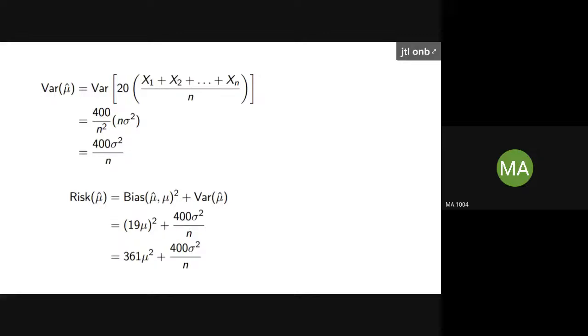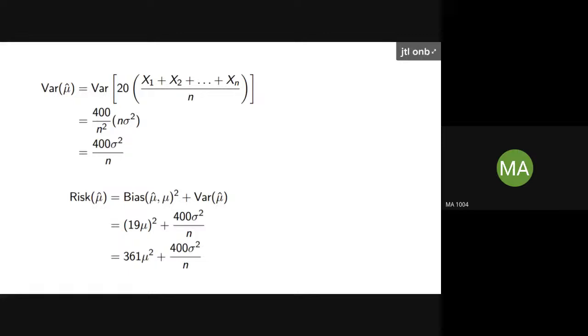Now finally what I have to do? I have to take my bias squared plus variance of this mu hat, which will give me the risk. Therefore the risk will be equal to 19 mu, which is bias, squared, plus 400 sigma square by n. Finally it will be 361 mu square plus 400 sigma square by n.